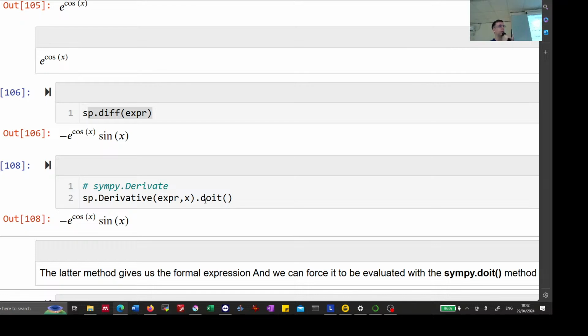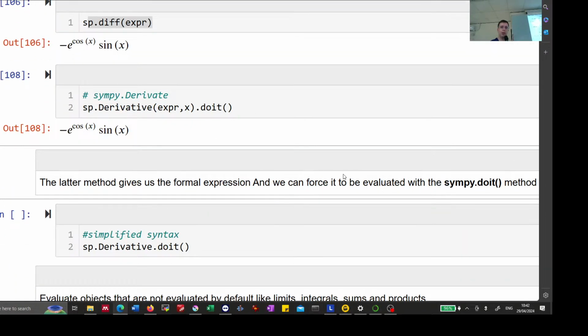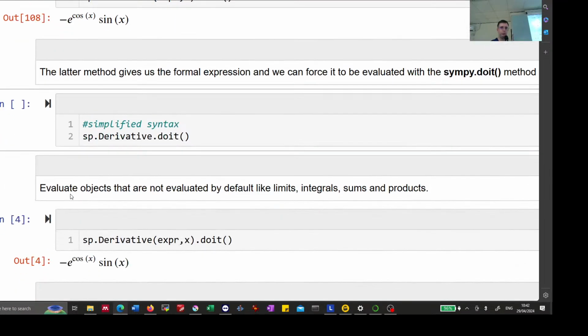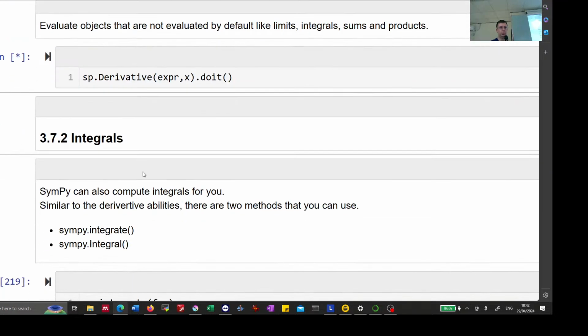So far, so good? Okay, good. doit evaluates an expression. It really tries to force Python to provide an evaluation. So the syntax is Derivative and doit. This we have seen before.